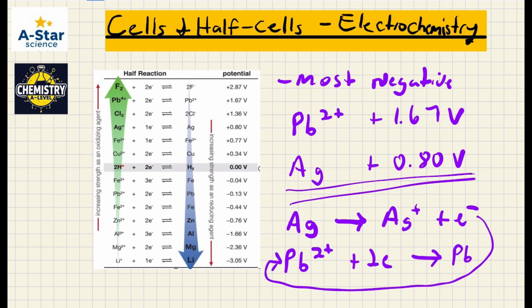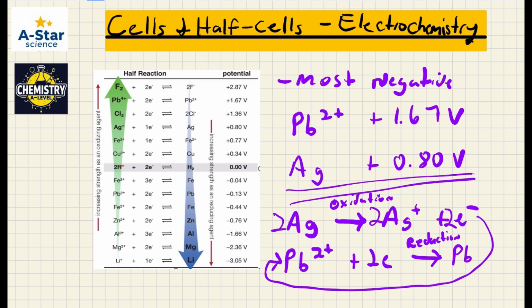Obviously, we would have to balance it to make sure that there are two electrons for the lead to take up in this process. So we know that the top process is an oxidation reaction, where it's going to be losing electrons. And the bottom one is reduction, where it's gaining electrons.